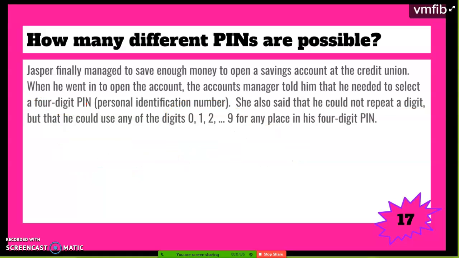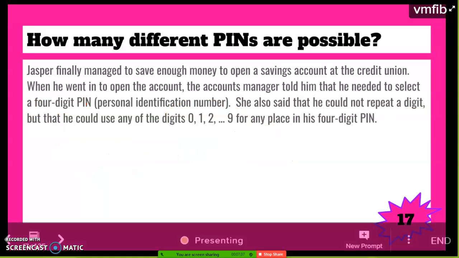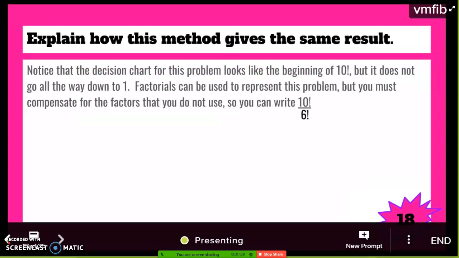How are we going to do it with factorial? Okay.